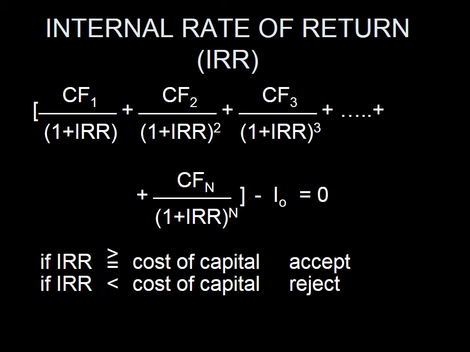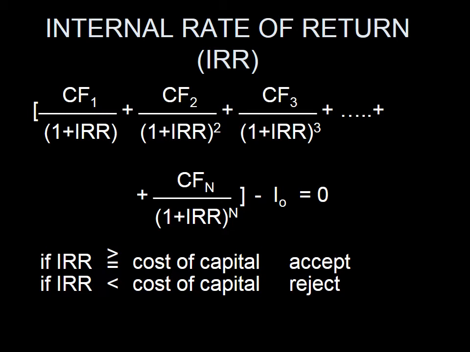In order to find the internal rate of return, you have to use trial and error. What is the discount rate that gives you an NPV of 0? That tells you what the yield to maturity actually is on the project. It tells you what the internal rate of return is on the project.